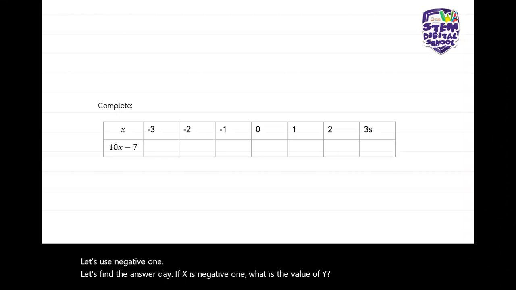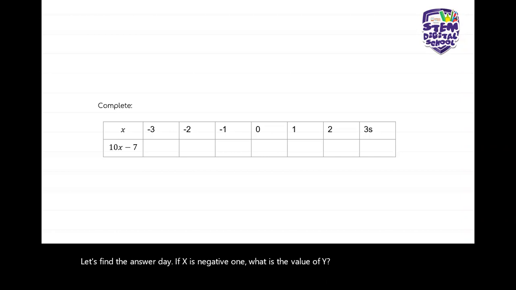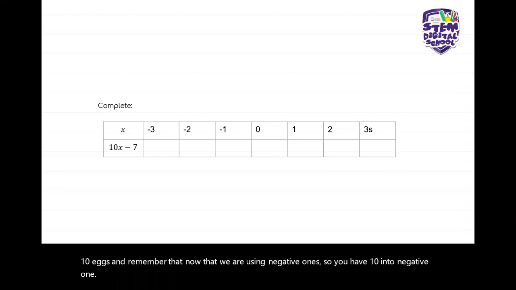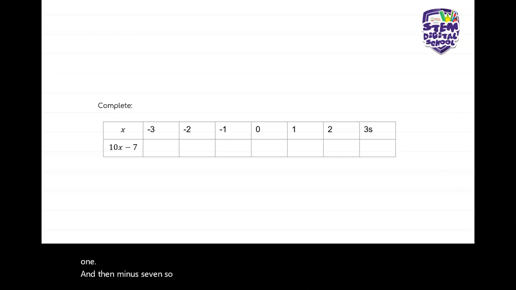Now, in the same way, you can tell that y will be equal to 10x minus 7. And remember that now that we are using -1, so you'll have 10 into -1 and then minus 7. So basically, this is what you'll have. And then 10 times -1 is -10. And then you subtract 7 there.